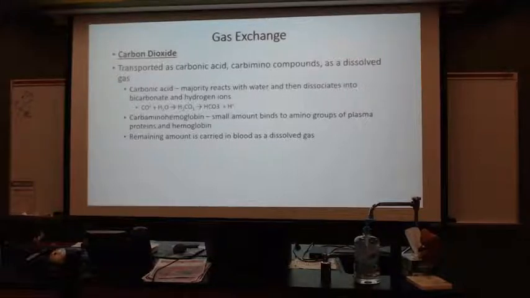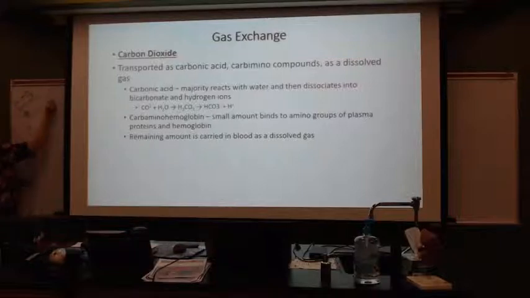So what we're going to find is that a lot of the way that we are going to transport our CO2 is to either get it to attach. Do you guys remember the little globins that exist? Okay? And if we're looking at a blood vessel, okay, globins are going to be available, all right? We can have it attached, or we can carry it in the blood as a dissolved gas.